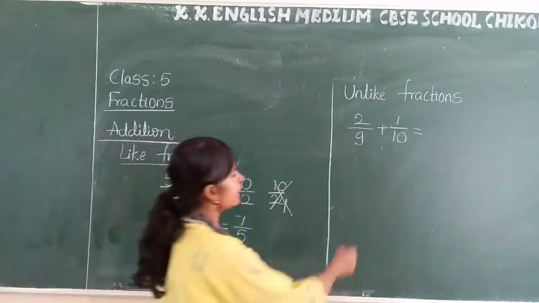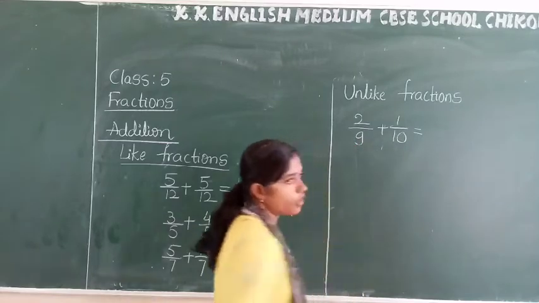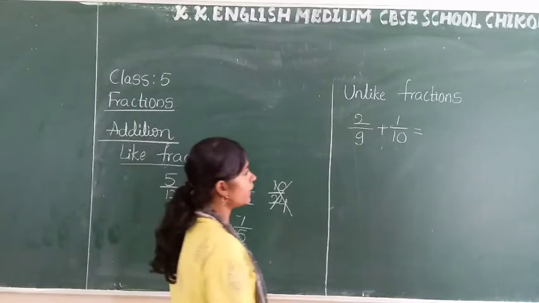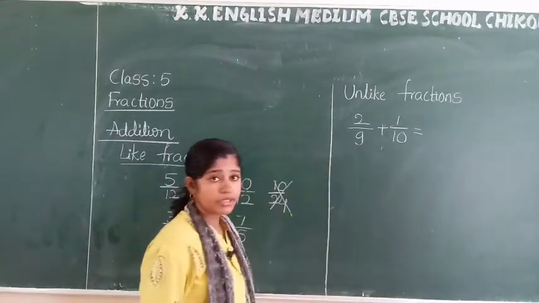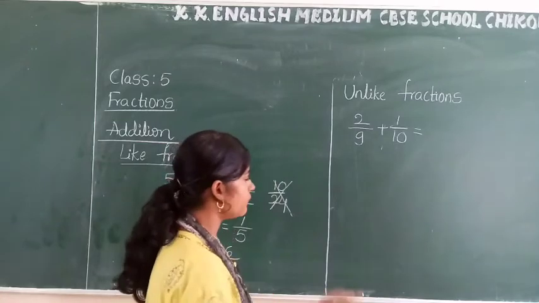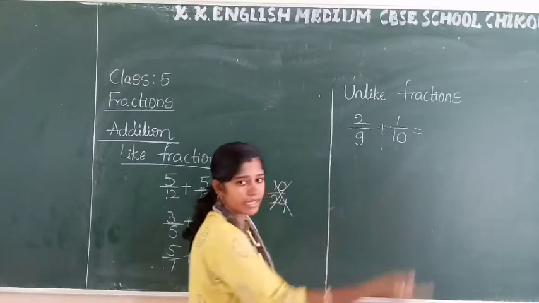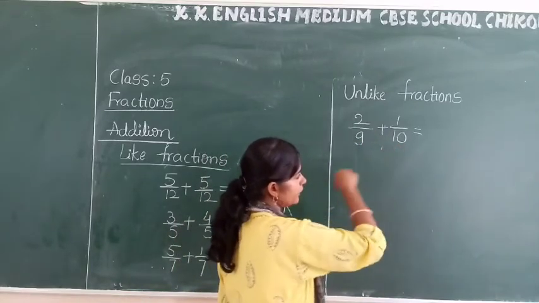But here, already you know about unlike fractions. Fractions having different denominators are called unlike fractions. Then what to do here? You have to take the LCM of the denominators. I will repeat once again: to convert this unlike fraction to like fractions, you have to take the LCM of the denominators.